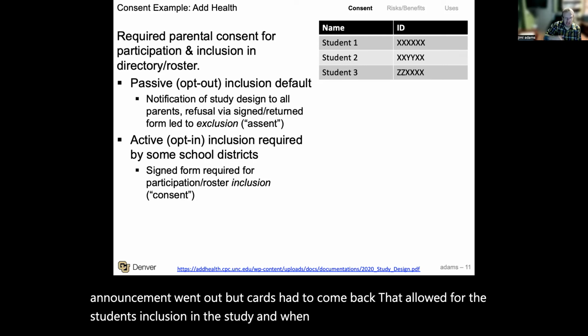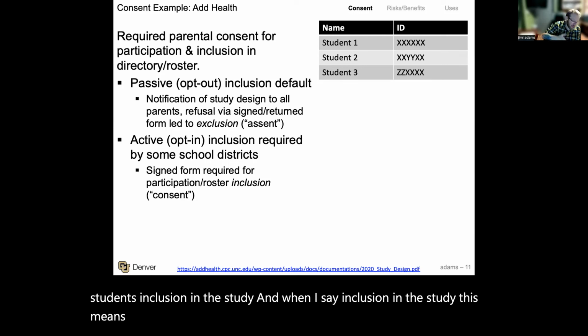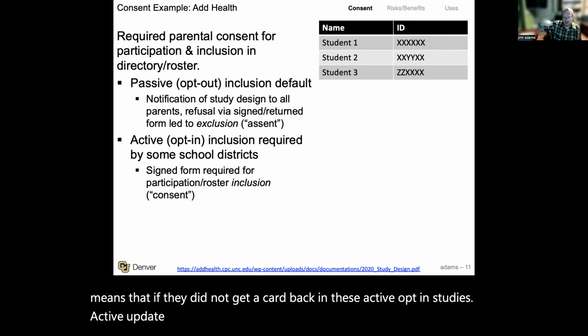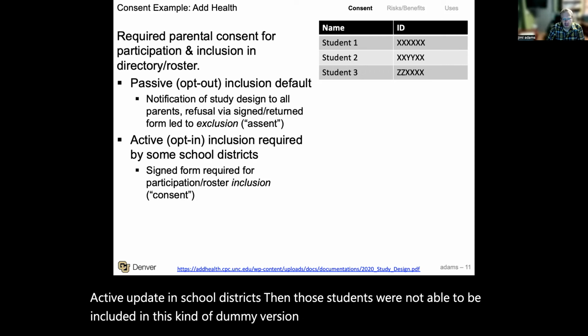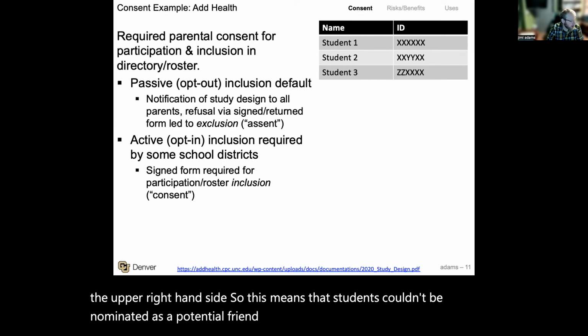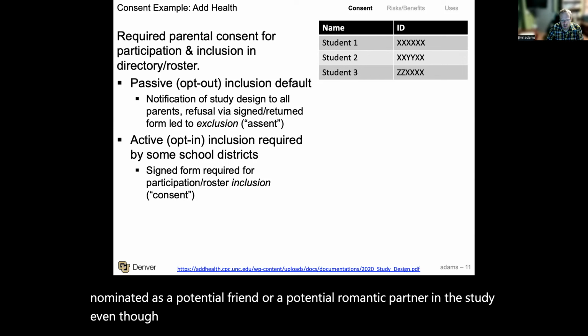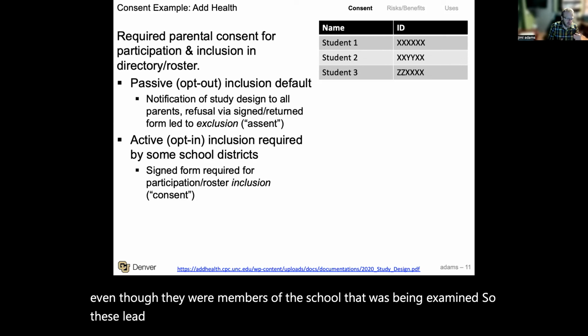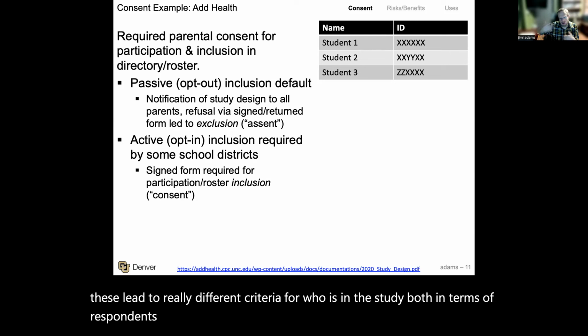When I say inclusion in the study, this means that if they did not get a card back in these active opt-in school districts, then those students were not able to be included in this dummy version of the student roster that you see on the upper right-hand side. So students couldn't be nominated as a potential friend or potential romantic partner in the study, even though they were members of the school being examined. These lead to really different criteria for who is in the study, both in terms of respondents and in terms of who can potentially be reported as a partner.